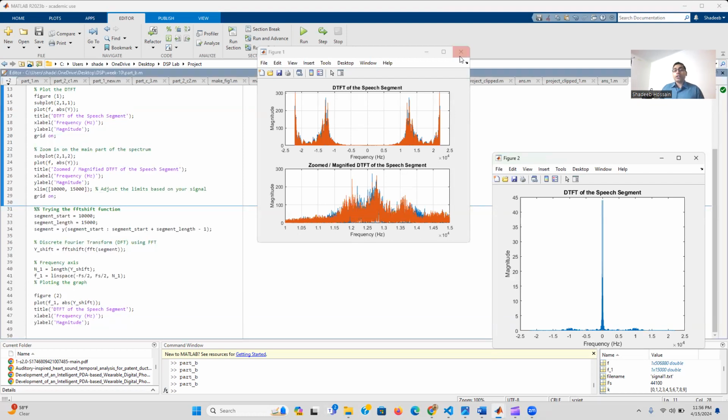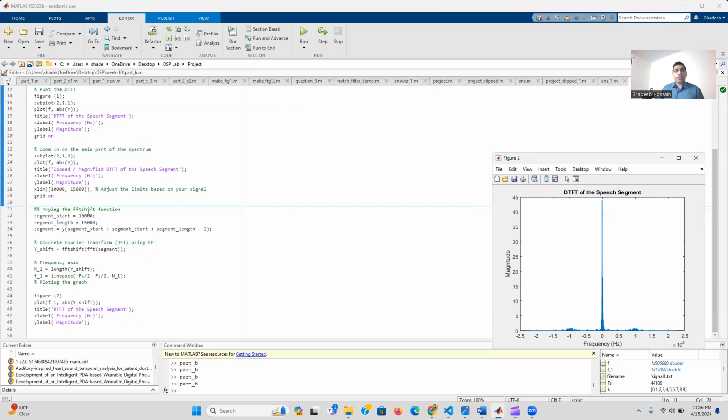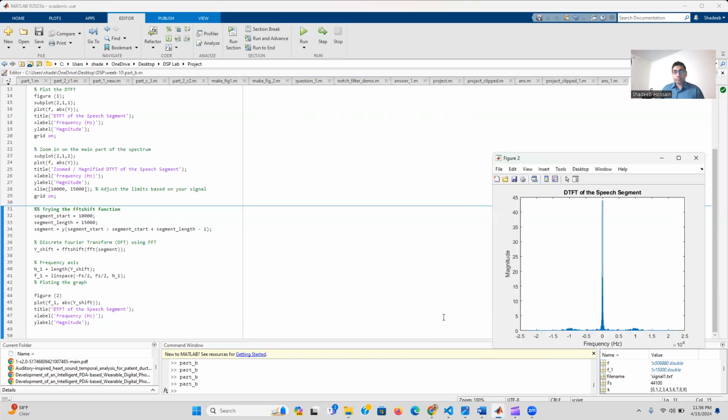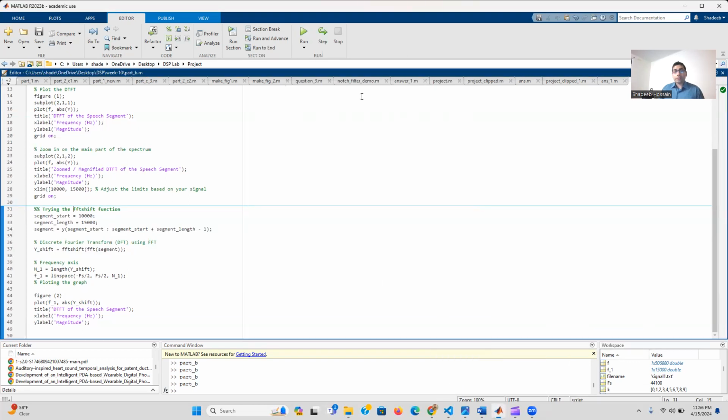So in order to do that, that's where we use the fftshift function in MATLAB. Remember, this is the function that you would be needing in order to identify that fundamental frequency. So since I showed you earlier, let me run it again.